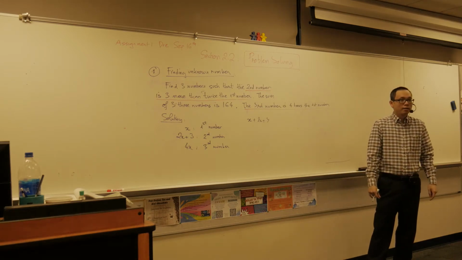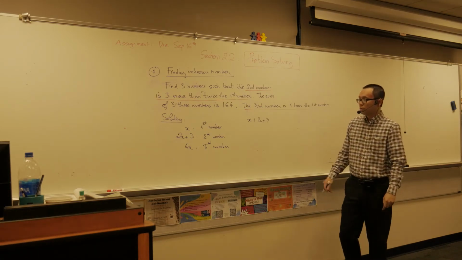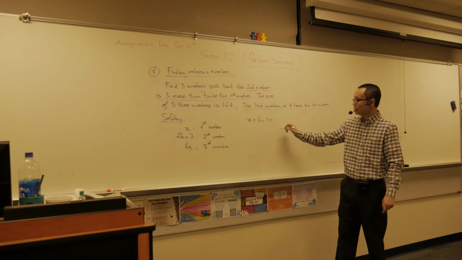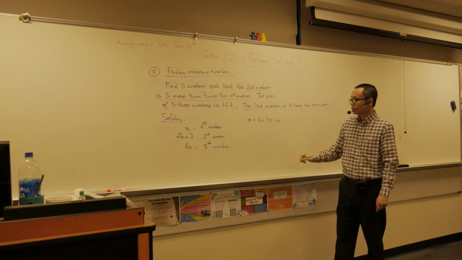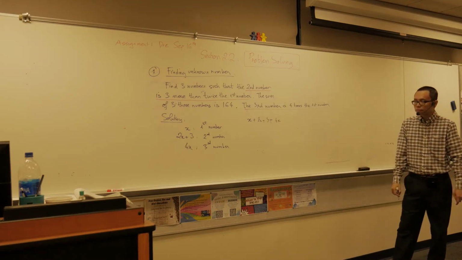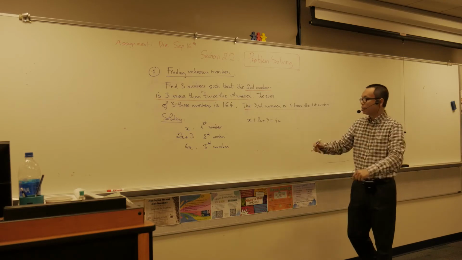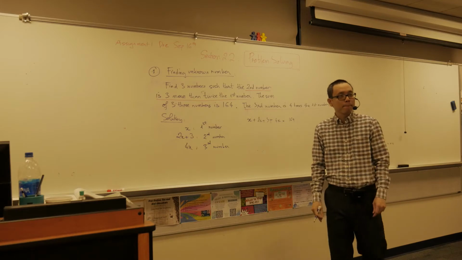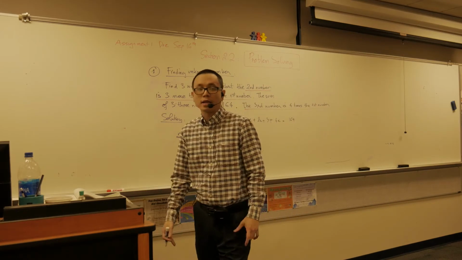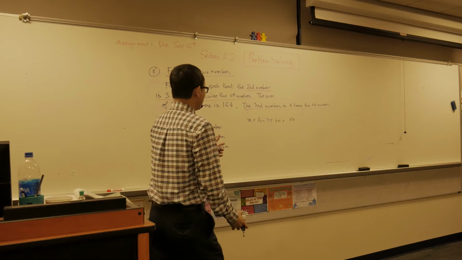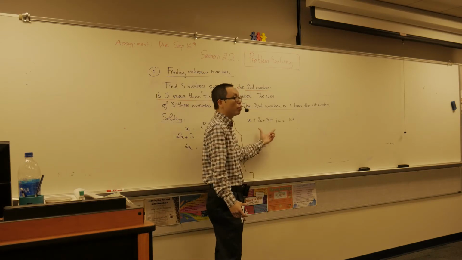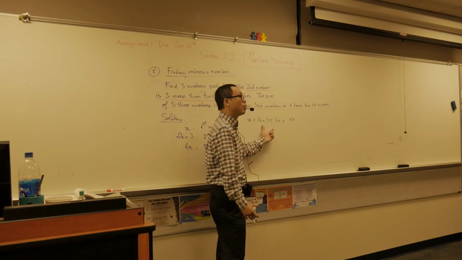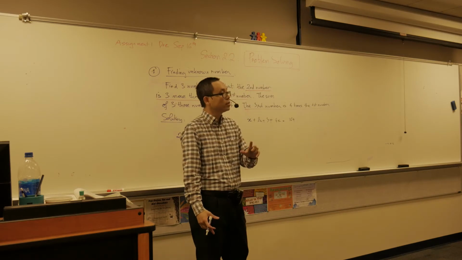Then I add the third one, 4x. Then all of them give you 164. And now what do you see? I successfully created a linear equation with one variable x only. We don't have variable y, only x. And because it is only x, we can solve for that.